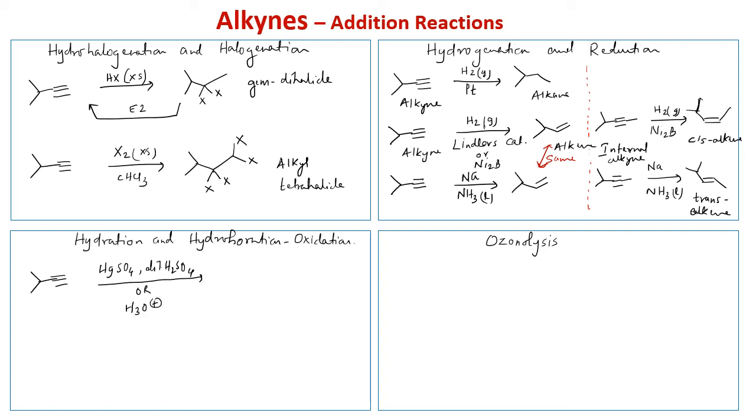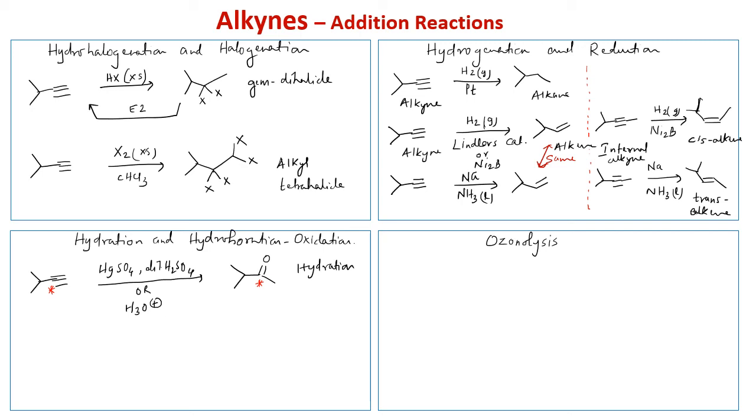This is a hydration. Your product in this particular reaction is a ketone, and I want to highlight certain carbons here. When this transformation is going on, the internal carbon of the terminal alkyne is what becomes the carbonyl carbon in the product. So the hydration of alkynes gives you the ketone.